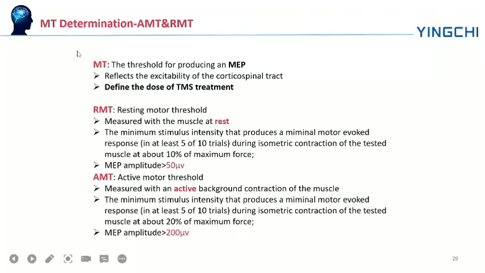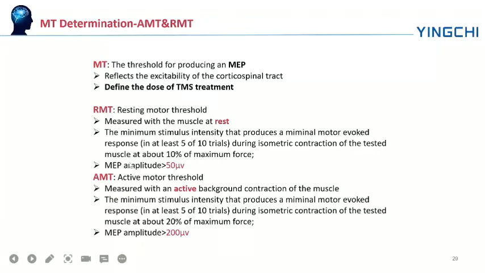It can be divided into 2: the resting motor threshold and the active motor threshold. The resting means this MT is measured with the muscle at rest, and both of these 2 need to be measured by producing a minimal motor evoked response in at least 5 of 10 trials.